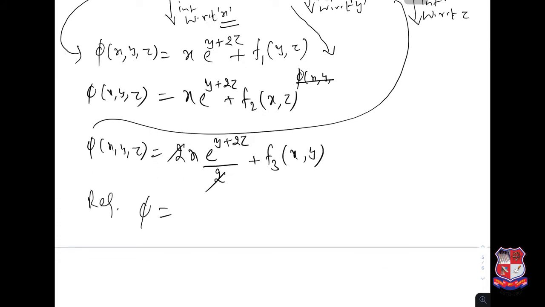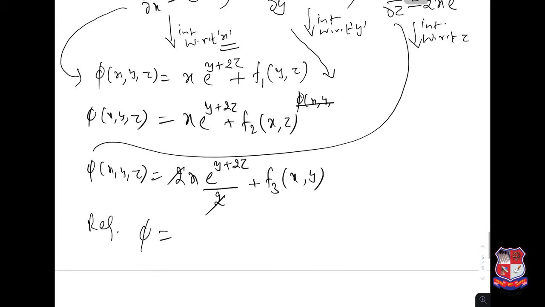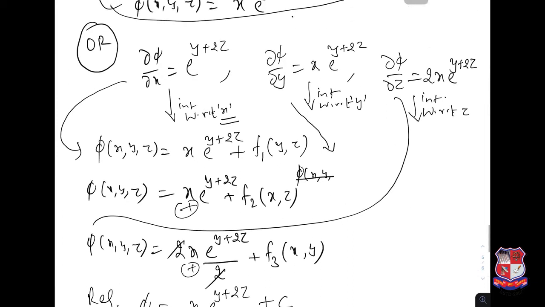So required phi equal to all the terms you write which are not repeated. So x e power y plus 2z. Now here the same term, so we don't write. Here also the same term, we don't write. And now there is nothing, just write C. That's your final answer. Finished.